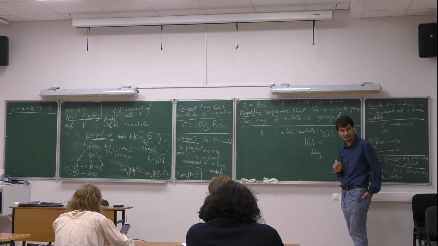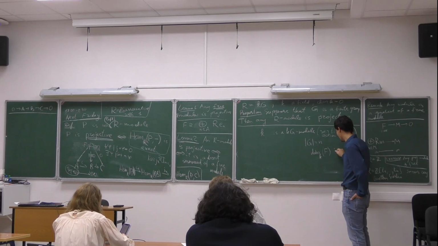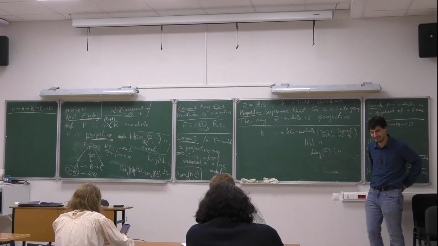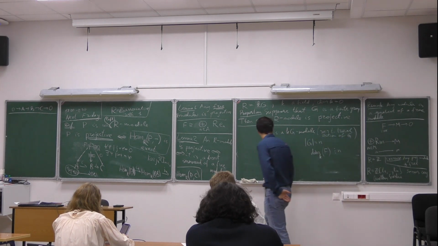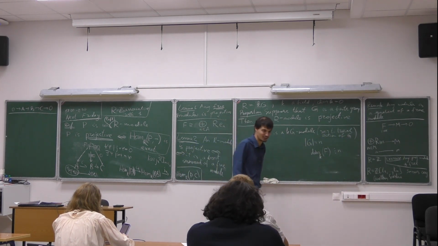The dimension of any free module is divisible by n, since it's a direct sum of copies of KG. But here the dimension is 1, so of course it is not free.